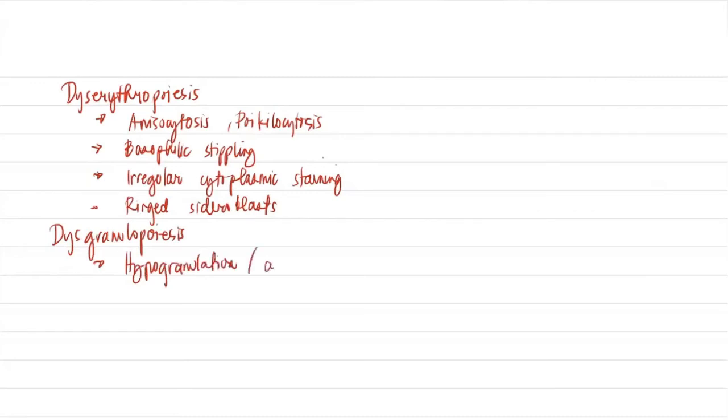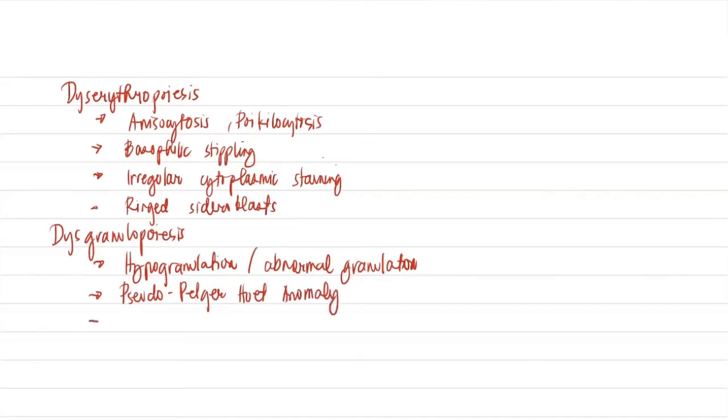Or pwedeng abnormal granulation. This is also associated with the pseudo-Pelger-Huet anomaly, which is characterized by hyposegmentation ng nucleus. Okay? And pwede ding magkaroon ng hypersegmentation.